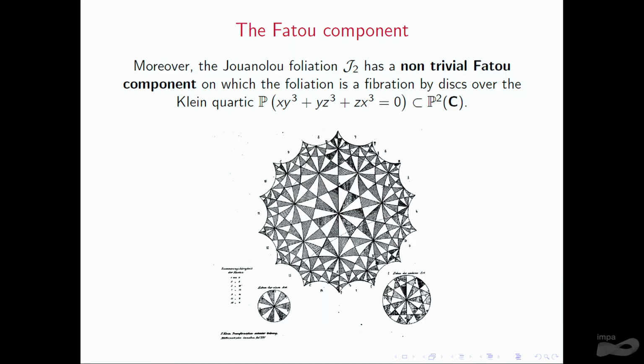This is a tessellation that you can find in the book of Klein. This is a curve that has been studied by Klein. So this is a uniformization of this quartic by the unit disk that was found by Klein in the 19th century, around 1860, in 1870, sorry.